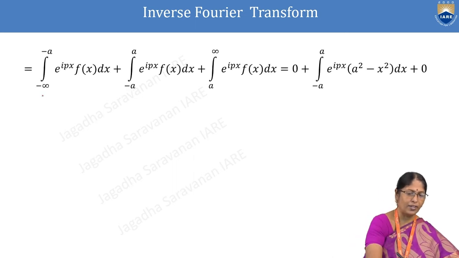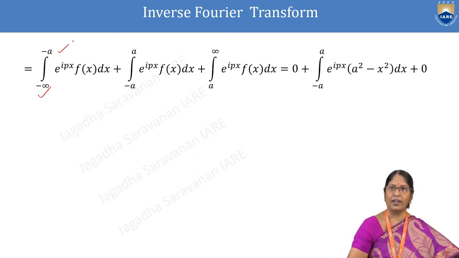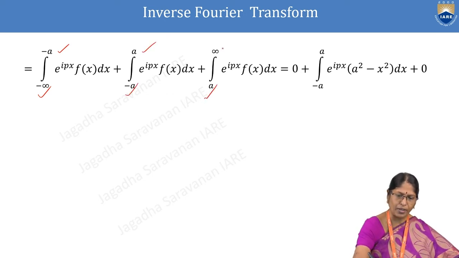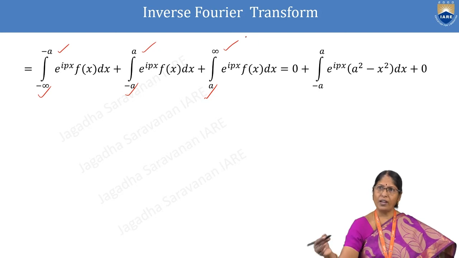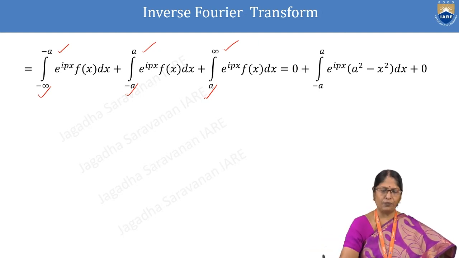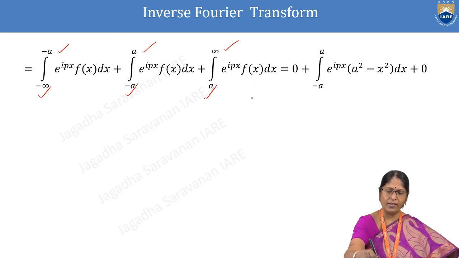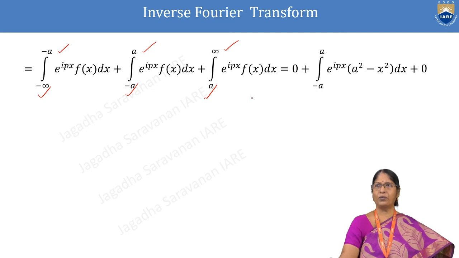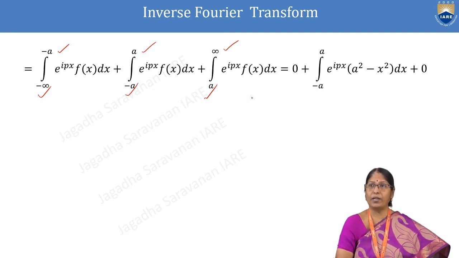Now the limits are minus infinity to minus a, minus a to a, and a to infinity. Did we insert them in a correct way or not? Because if you make a careless mistake in the beginning itself, the entire thing we are going to do will become waste.